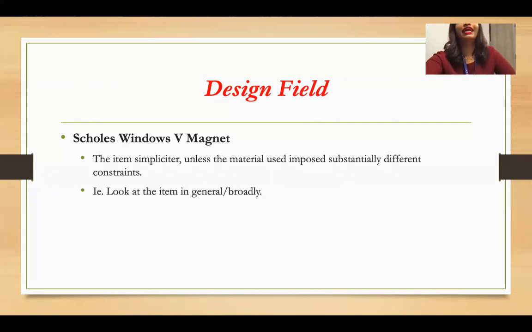Okay, so the next thing we look at is design field. So how do the courts actually look at design field? Design field is one very, very general or very broad thing that the courts look at. Why didn't the courts narrow this down under the Scholes case?